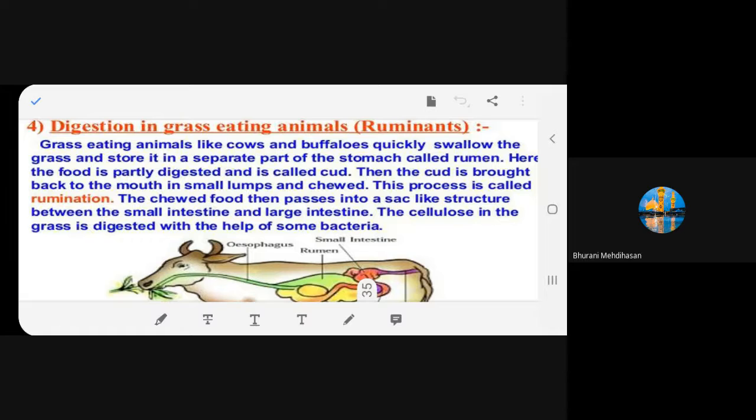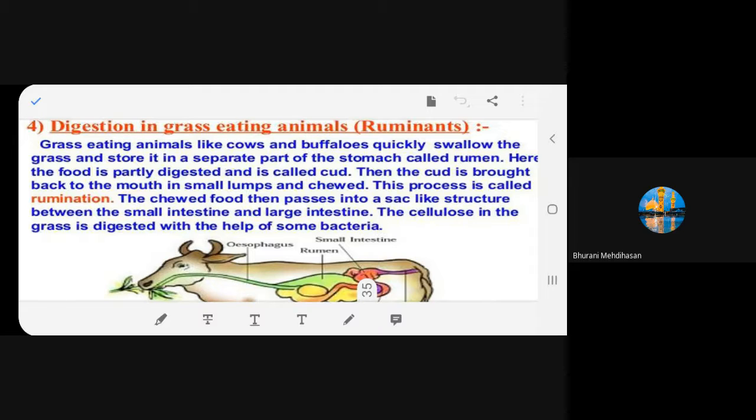This process is called rumination. The chewed food then passes into a small sac-like structure between the small intestine and large intestine.